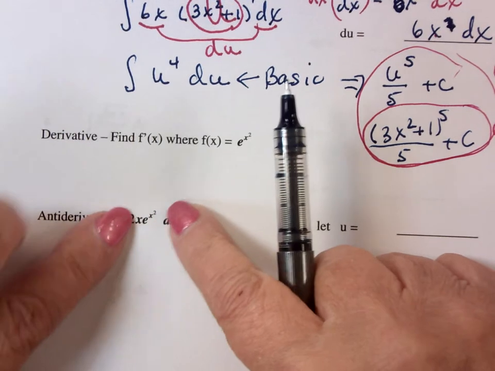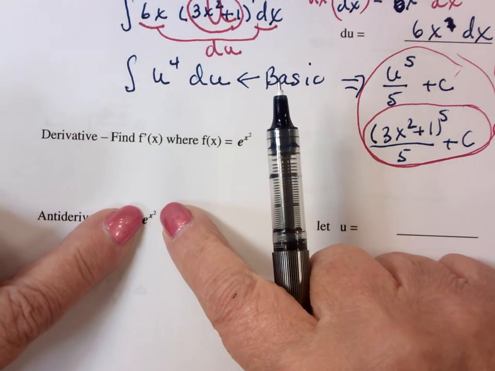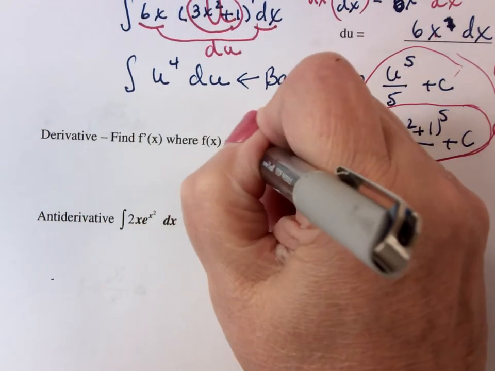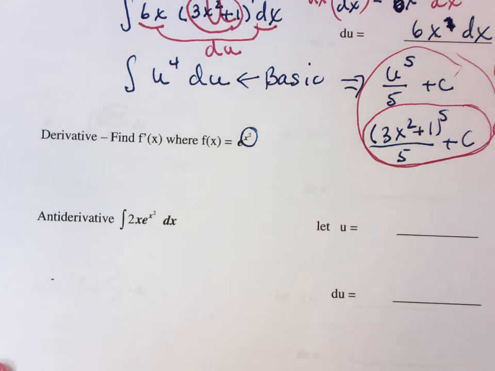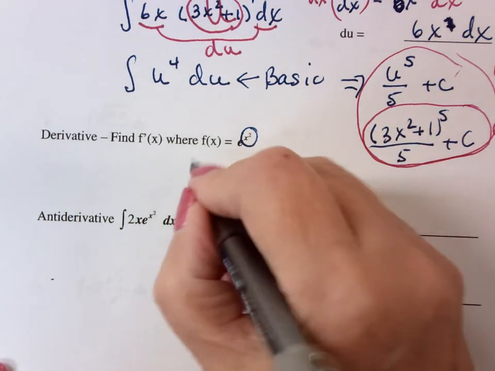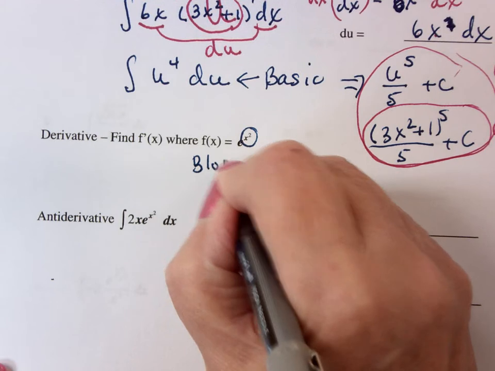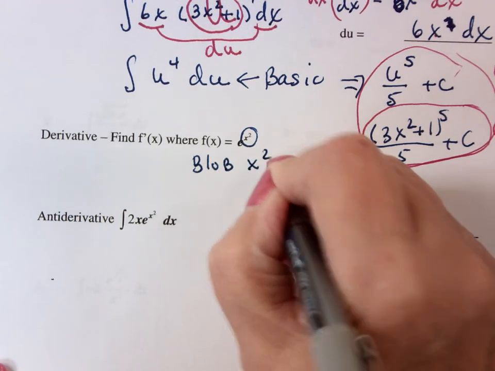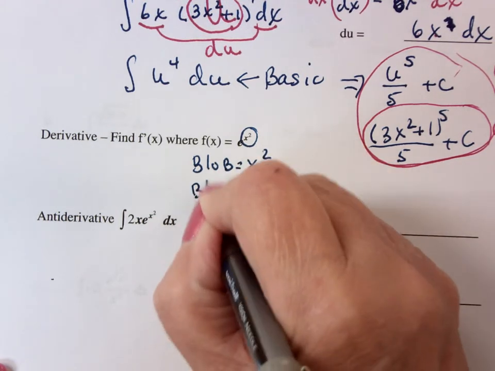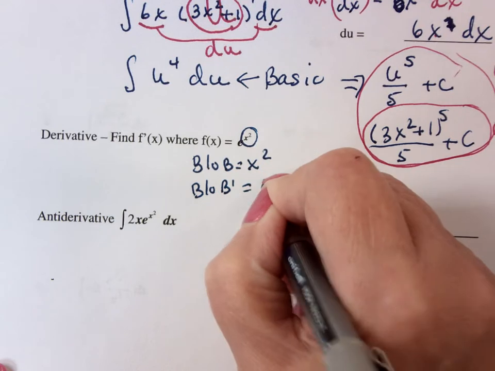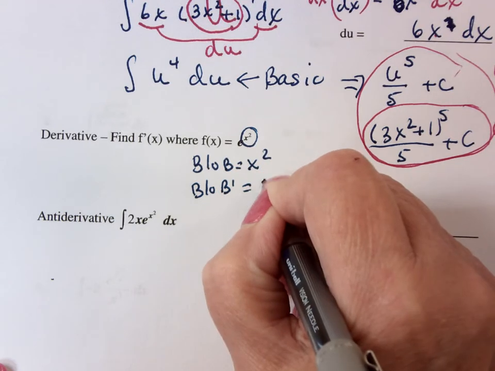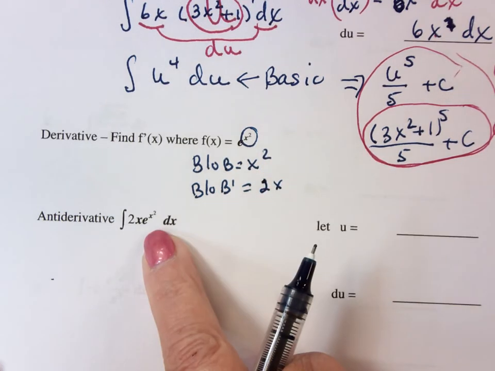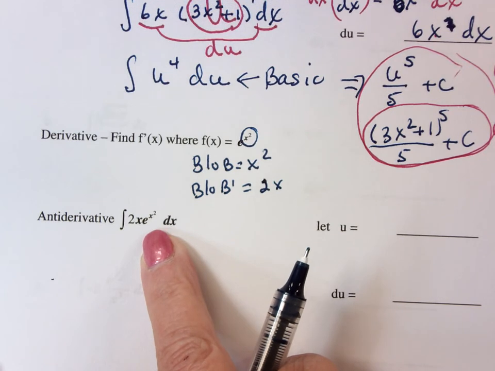And so if I take a look at this, I'd say, all right, here's e to the x squared. If x squared is the blob, then blob prime is what? 2x. Now, when I look at this integrand, do I see a 2x? Yeah.